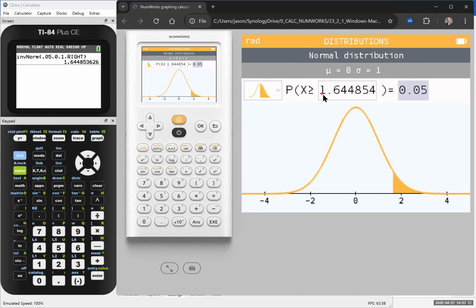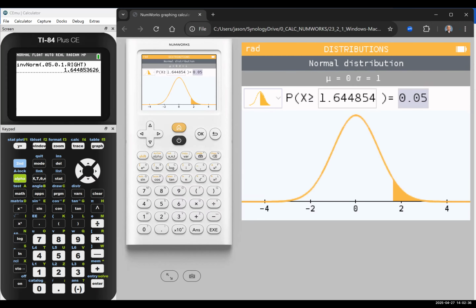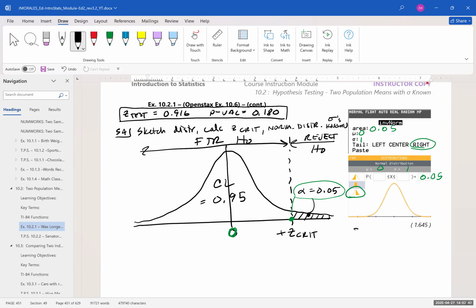Enter. And we get a positive 1.645, same as what we got on the Texas Instruments. So our z critical value is equal to a positive 1.645.